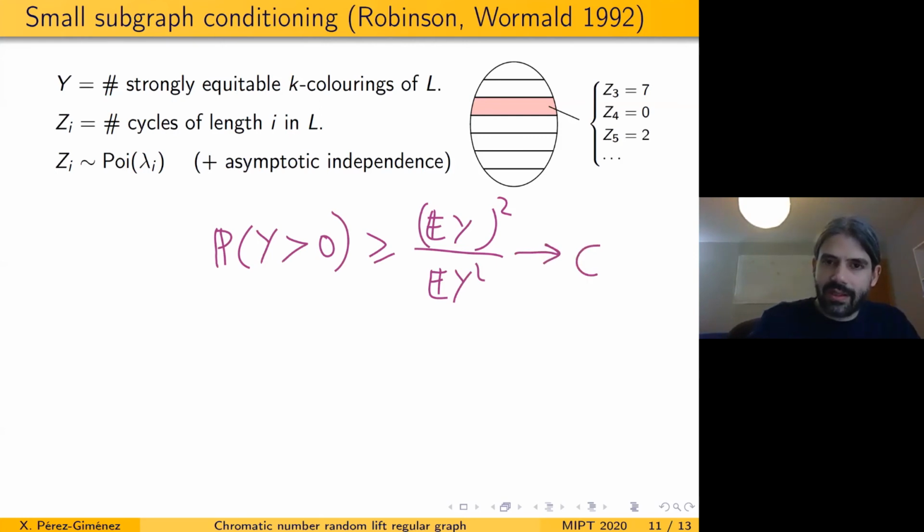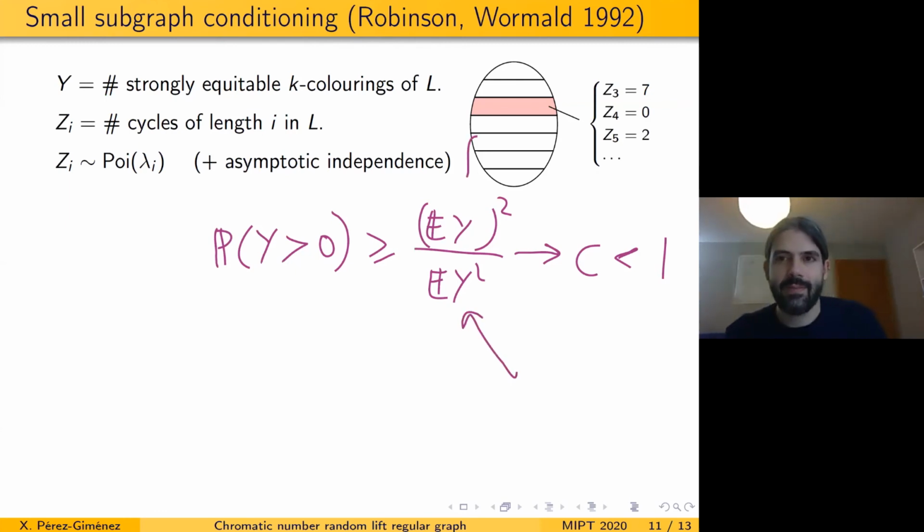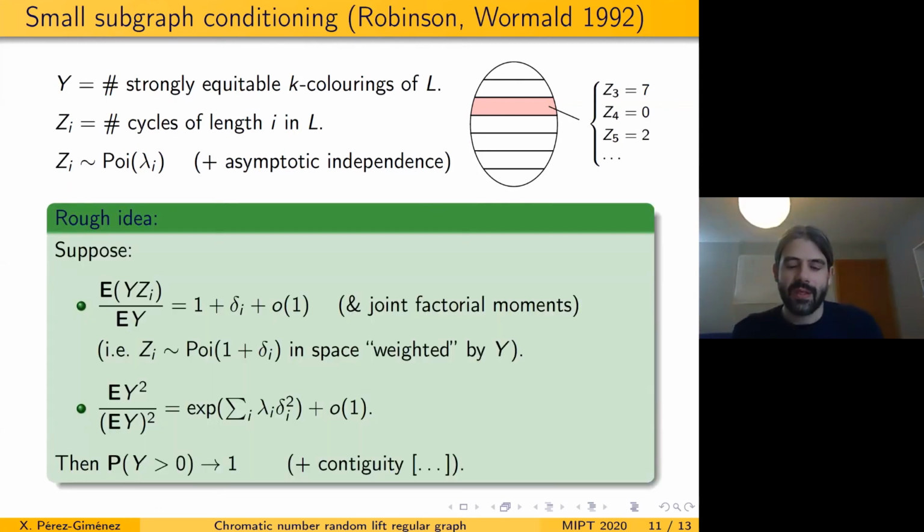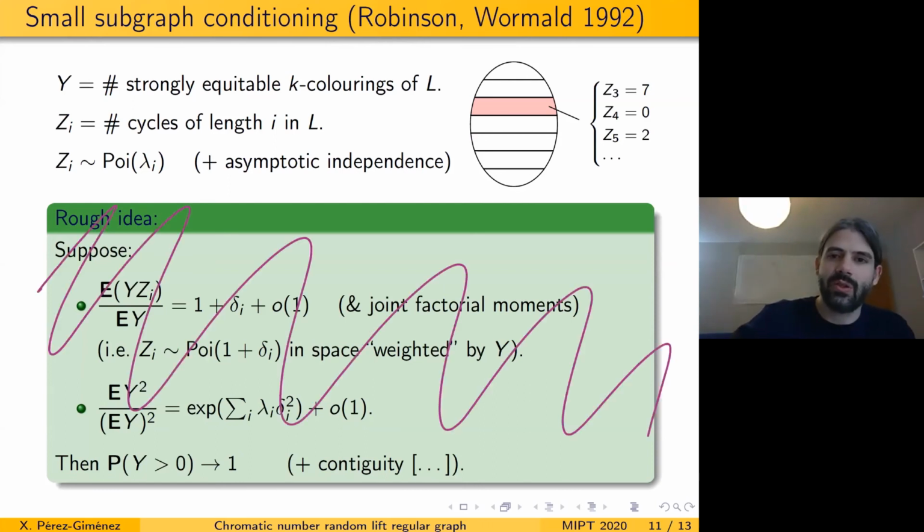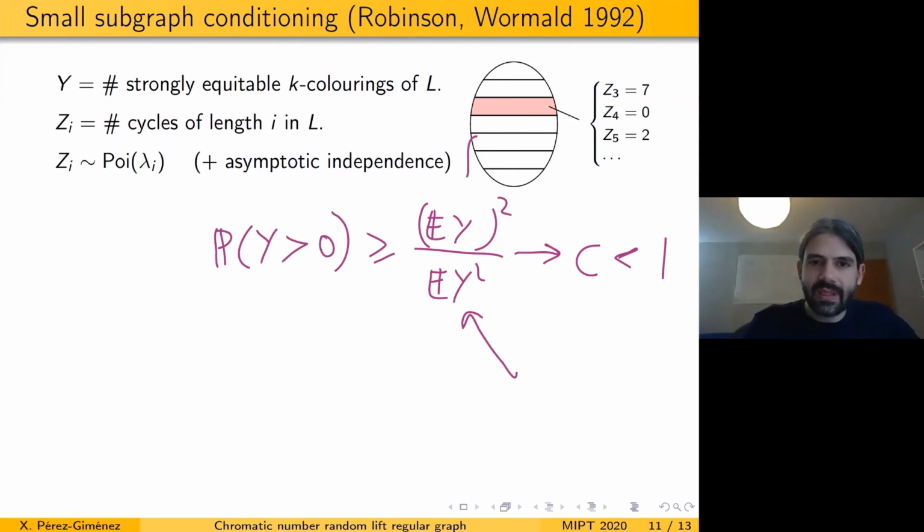Doing all these complicated things, we compute the moments, and this magically ends up being a constant, but it's less than 1. And the reason is that this variance is affected by the number of short cycles.